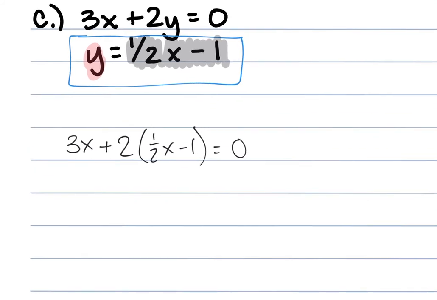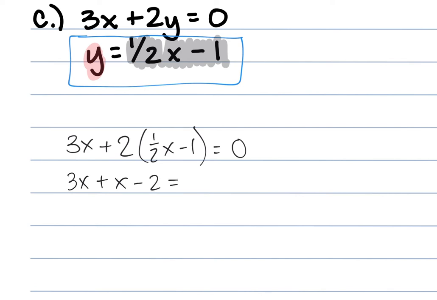From here, how do I go about solving this? Sabrina? Excellent. What do I get? You would get 3x plus 1 plus x. Mm-hmm. No, you don't have to put the 1. Correct. I don't have to put the 1. Minus 2.